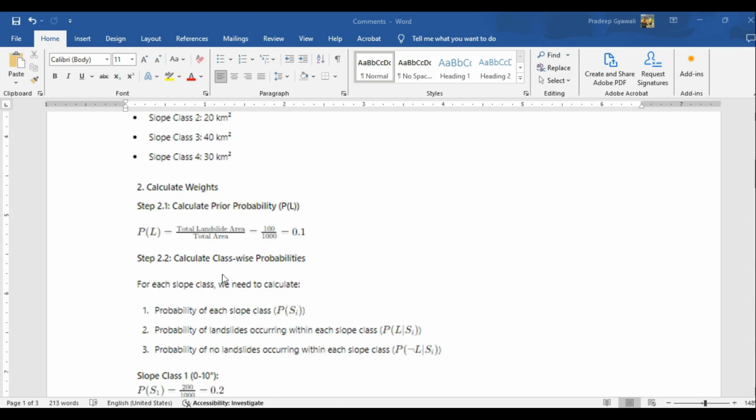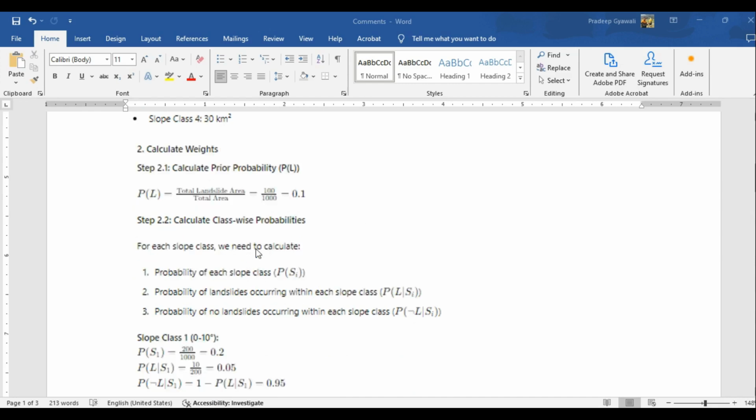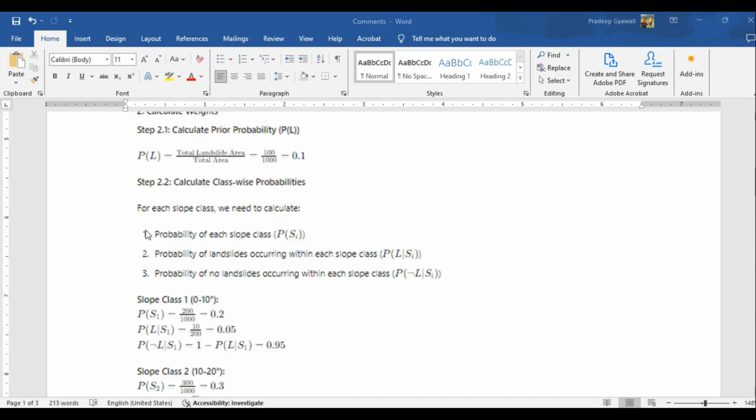Similarly, in step 2.2, we calculate the class-wise probabilities. That means for class 1, 2, 3, and then 4. At first, we have to calculate the probability of each slope class.